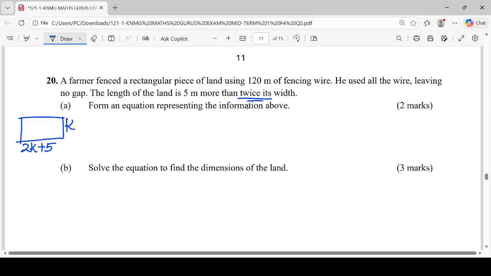Form an equation representing the above information. An equation here, because fencing is like perimeter. Remember, perimeter is given by 2 into length plus width.